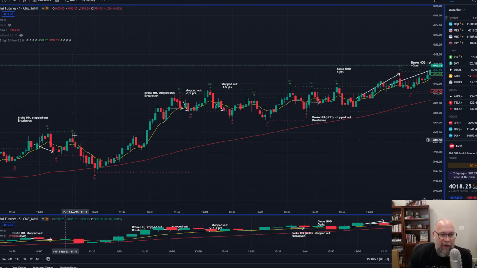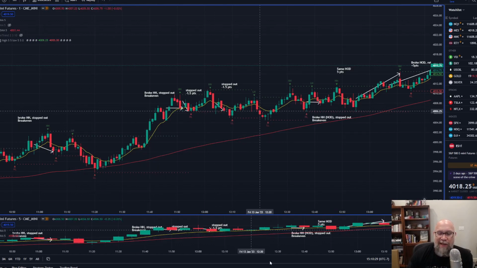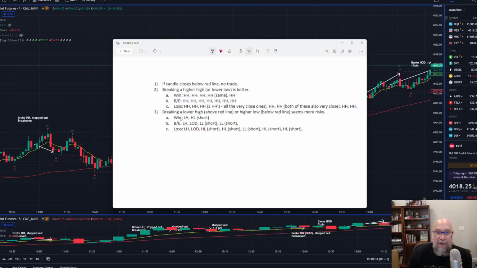If you're breaking this lower high on the way up, it's probably not as good. Whereas in breaking a higher high, you've already been there and now you're going higher, or a higher low. So if you came down a little bit in the chart and then went back up and then came back down, you're breaking a higher low. That's probably more risky. That was my hypothesis. I typed those before I tallied everything up.